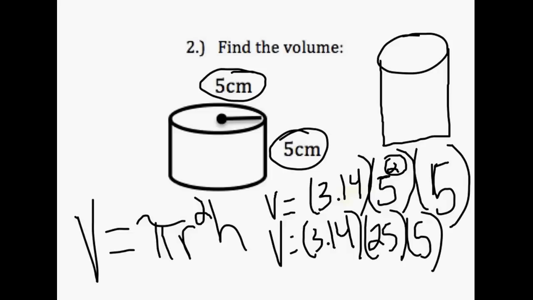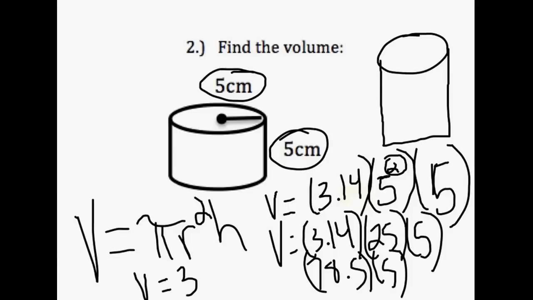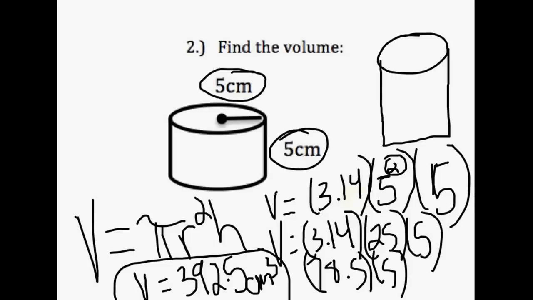If I multiply 3.14 times 25, that's going to give me 78.5. And then if I multiply that number by 5, I'm going to come out with volume equals 392.5 centimeters cubed. That's it. Literally all I'm doing is using my formula. Let's do one more example.